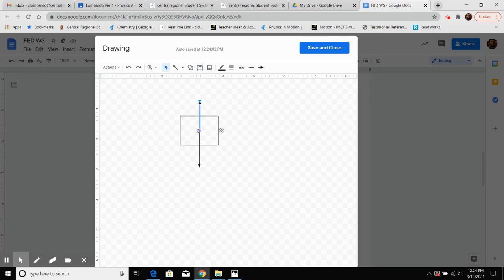If they're not the exact same length, you can click on the arrow after you hit the select button, and we can shrink it a little bit if needed.